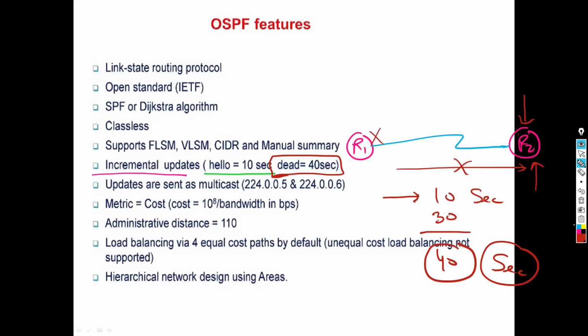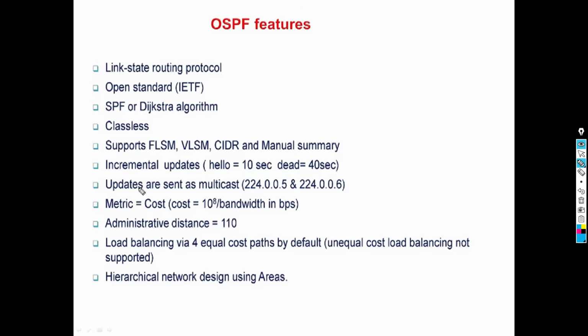So in the next hello packet, R2 sends route information to R3, and in the new updates, R1 information is not available. Clear my point? So the dead interval is 40 seconds.